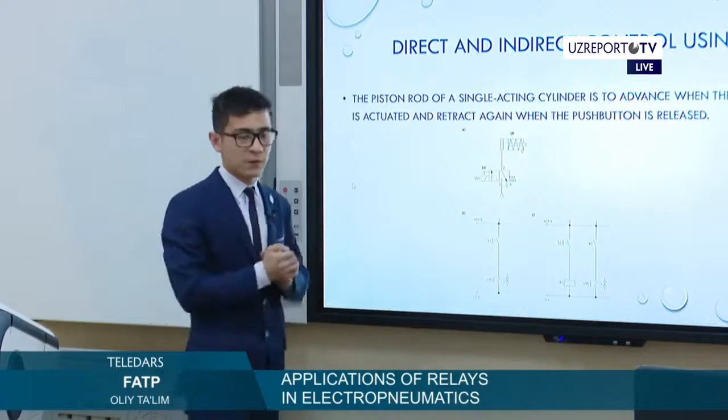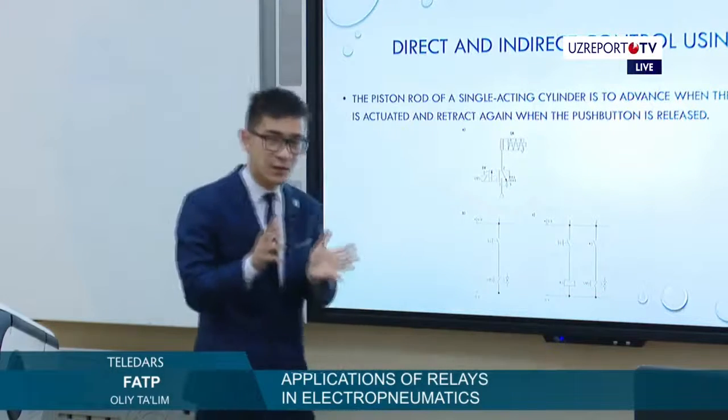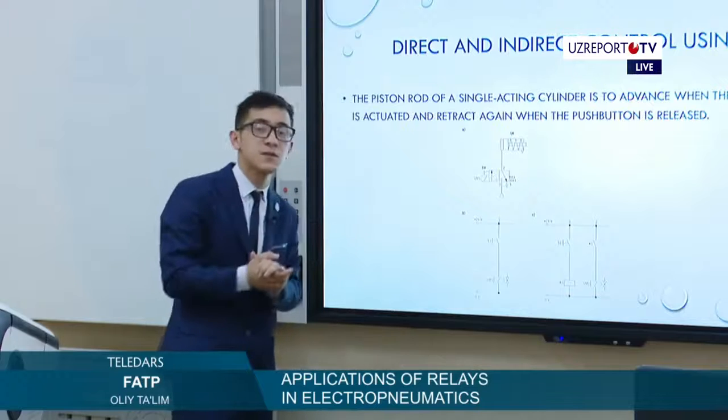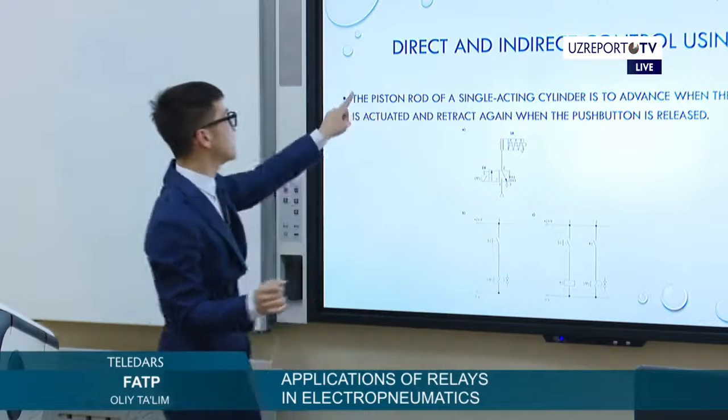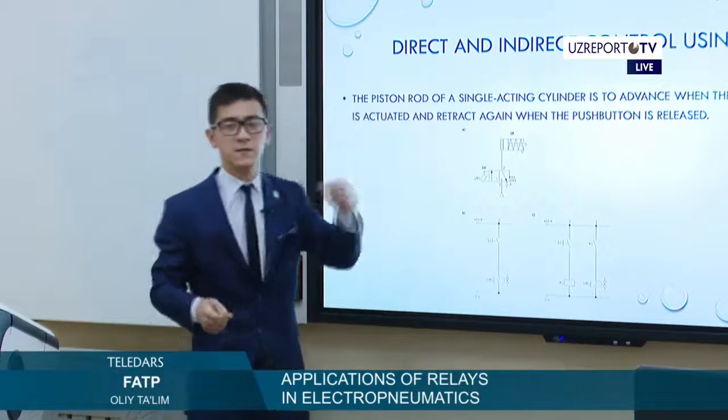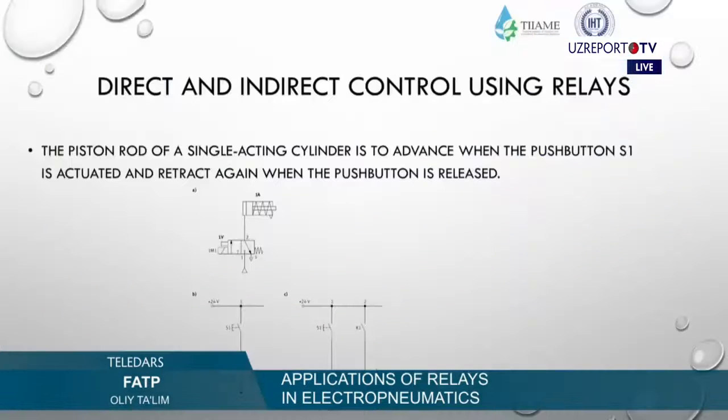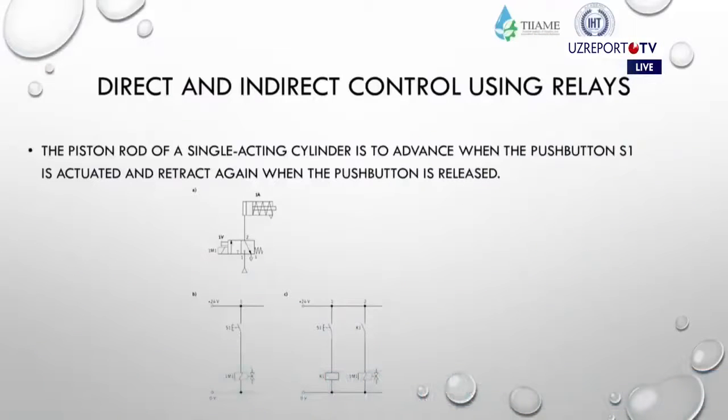Okay, let's start with our examples of connection, how you can make relay controller systems for electropneumatics. First is direct and indirect control using relays. What is direct and indirect control? When you see an electropneumatic unit and start it to work by just pushing a button, and the electropneumatics starts to work, it means a direct connection.